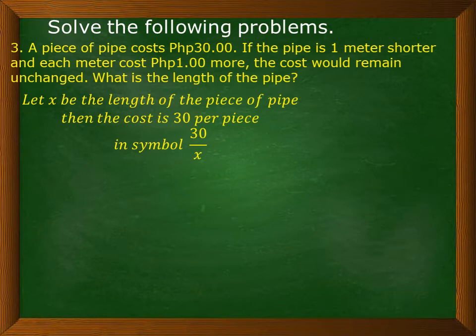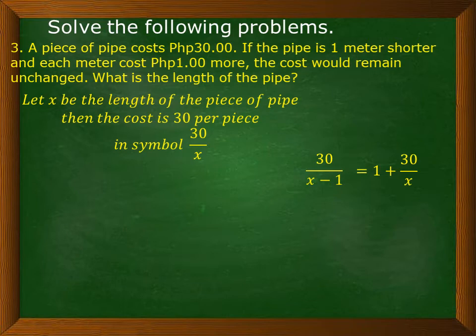So in the problem, it is stated there that if 1 meter shorter, so this will be your expression or in symbol, 30 over x minus 1 meter shorter. The cost would not change, but each meter cost 1 more.